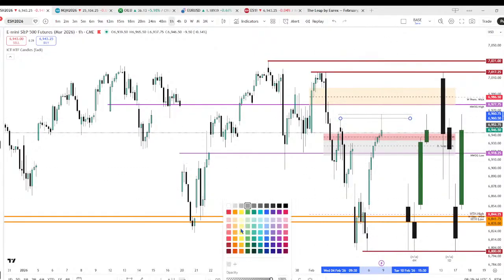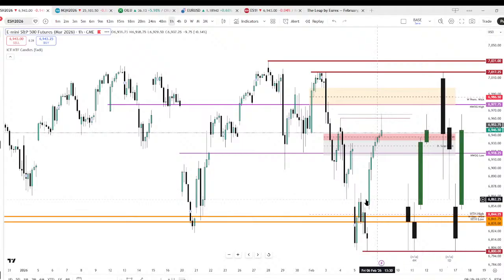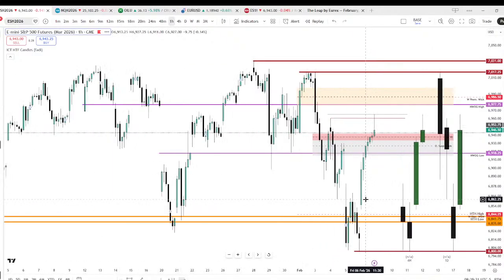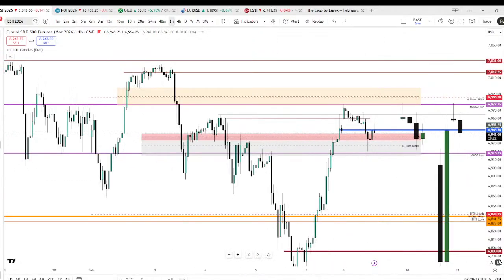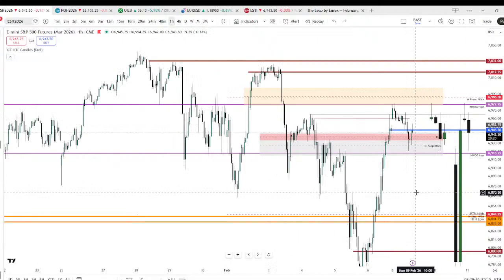That's regular trading. But so where did we close? This was our closing price from Friday. So we're going to start that. And where are we trading right now? Right around the same area.